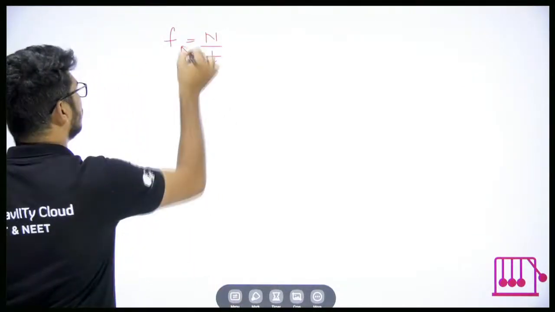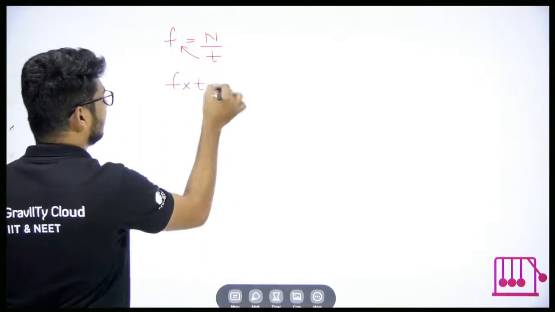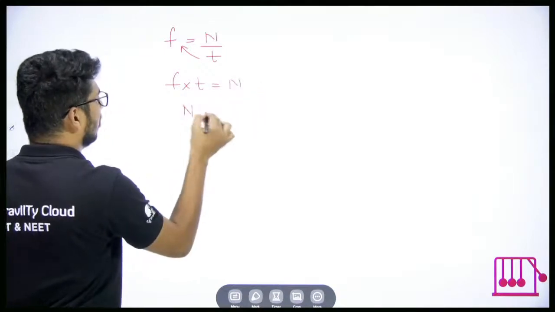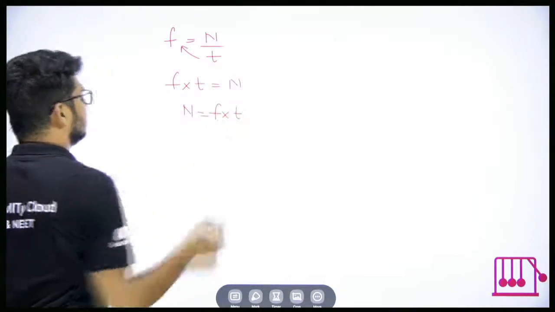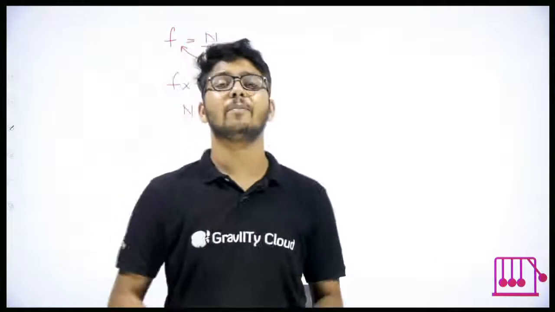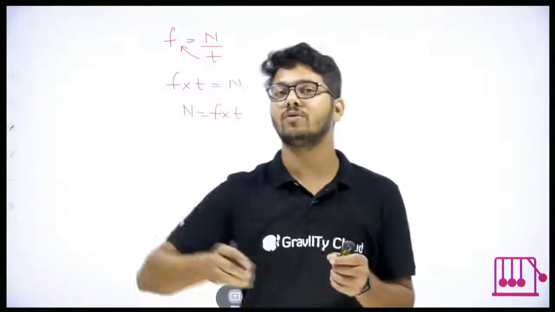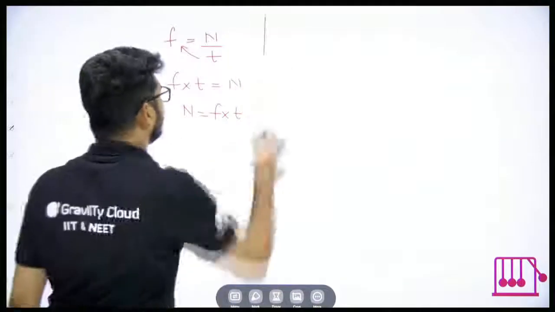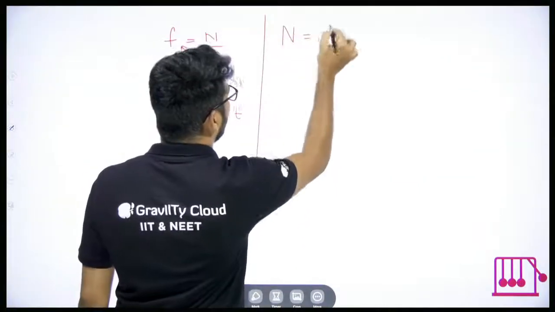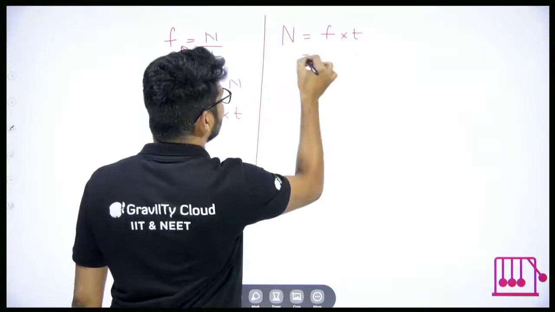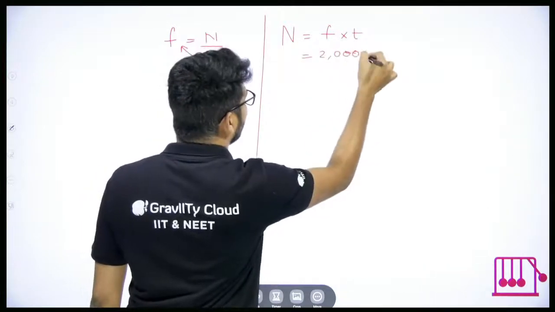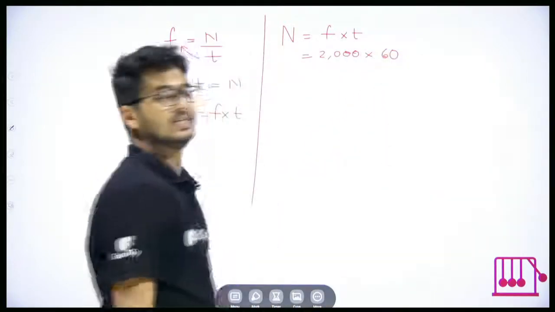If I bring T to this side, it becomes frequency into time is equal to capital N, or N is equal to frequency into time. That is, number of vibrations will be equal to frequency multiplied with time. So here if I do that, N is equal to F into T. What is frequency? 2000. What is time? 60.